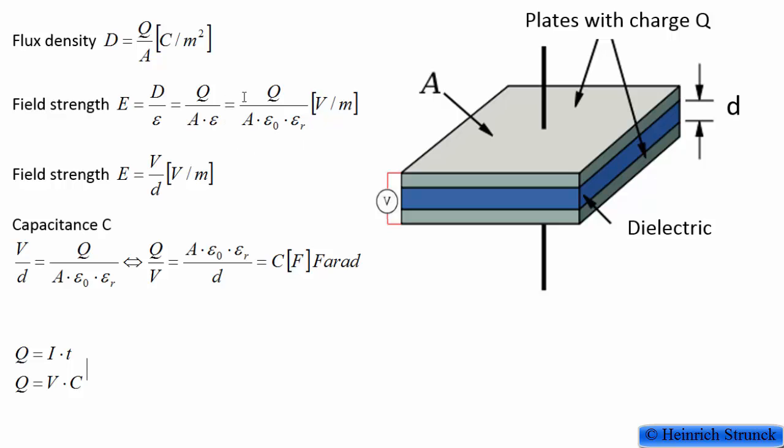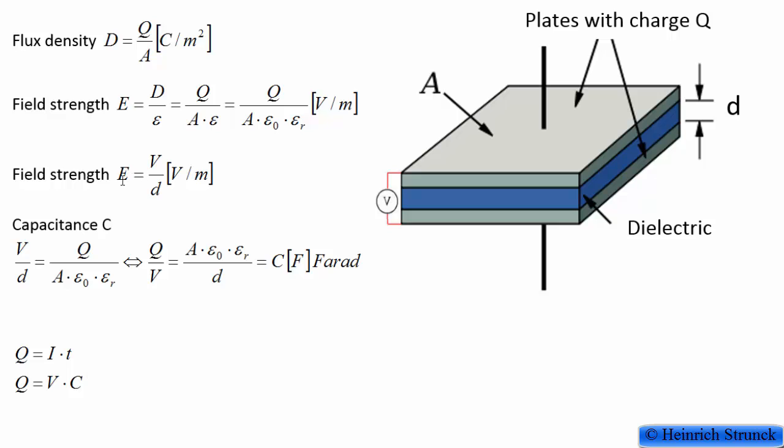So here we have a formula for the field strength in one situation. We also have that the field strength is the voltage across the plates, the voltage drop, divided by the distance. And here we can more easily see that the unit for electrical field strength is volts per meter.